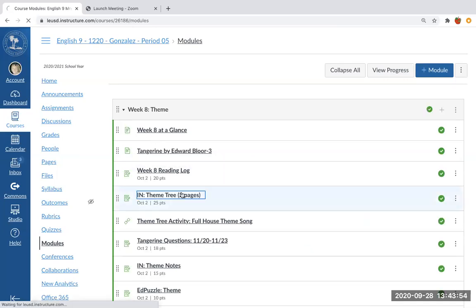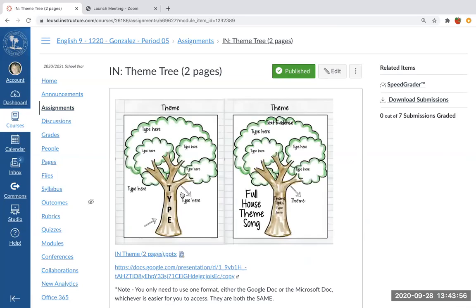All right, so this week we're looking at theme, and today we're going to be looking at theme trees. It's just a graphic organizer to help our brains focus in on what theme is, and that theme is a lot of different things.